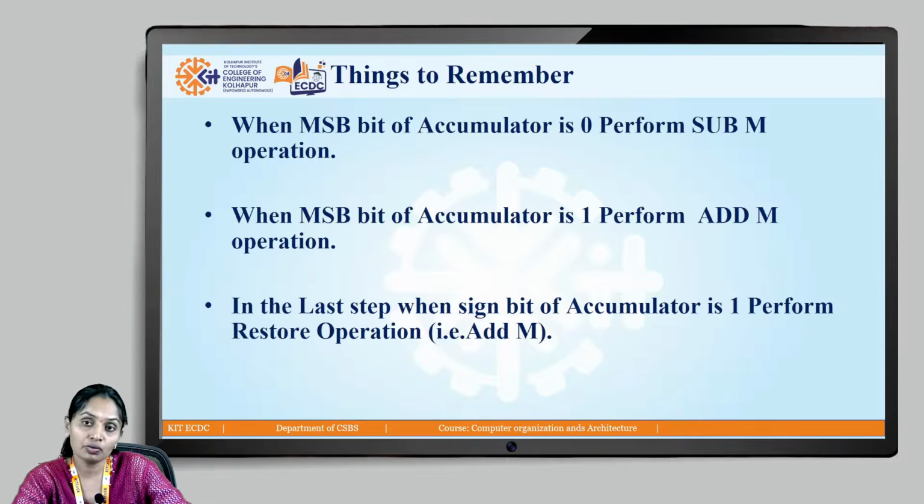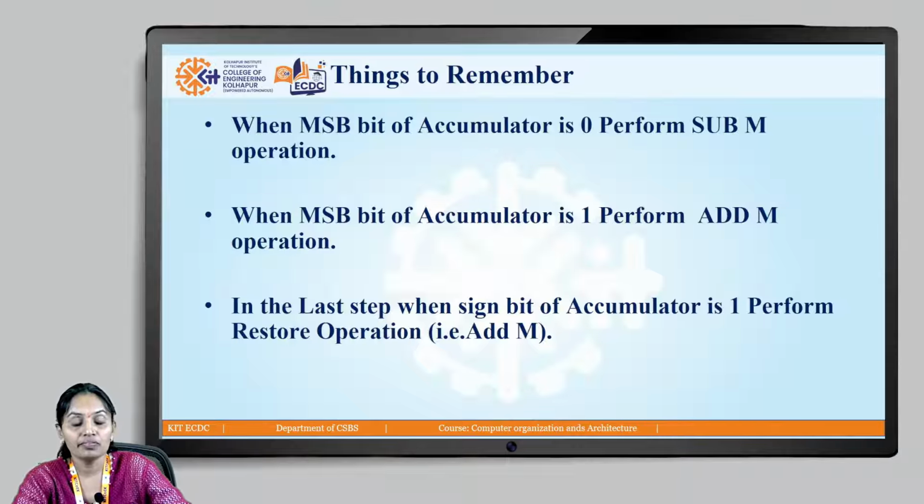If it is 1, we did the restoring operation, that is add M. But here in the non-restoring technique, only at the last step do we check the sign bit of the accumulator. If it is 1, then we perform the restore operation, that is add M.